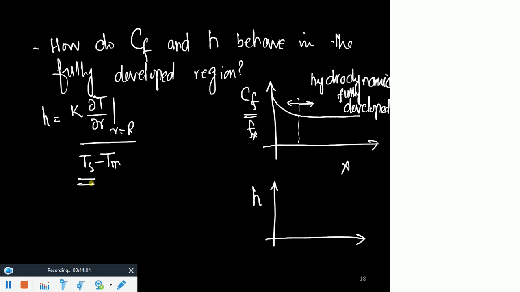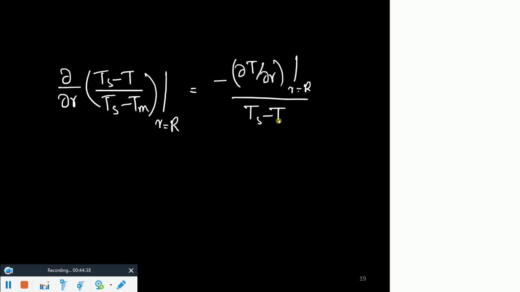So let me write it down. If I take the derivative of this parameter, why?